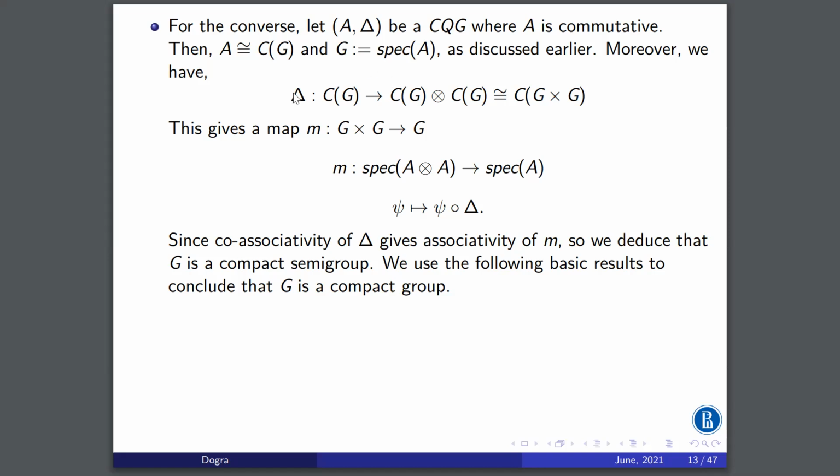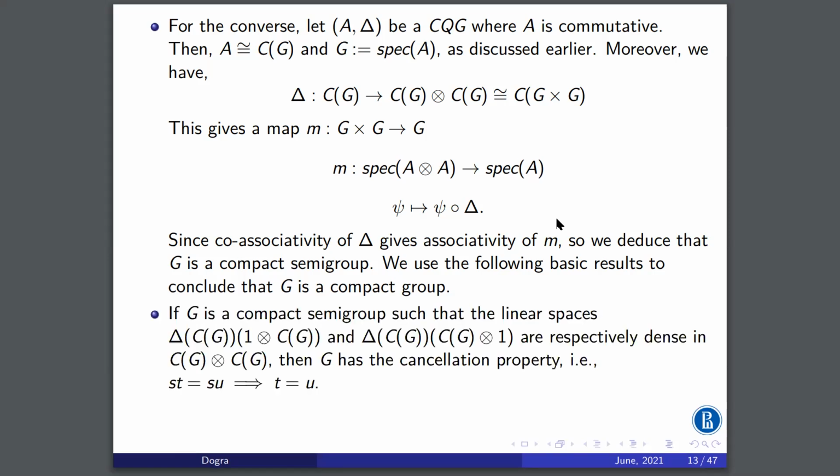Also, the co-multiplication is given like this, which induces a map from G cross G to G, taking the spectrum of the tensor product to the spectrum of the algebra itself, explicitly by this map. And similarly to the previous case, the co-associativity of delta gives us the associativity of the multiplication M. Therefore, this implies that G is a compact semi-group.